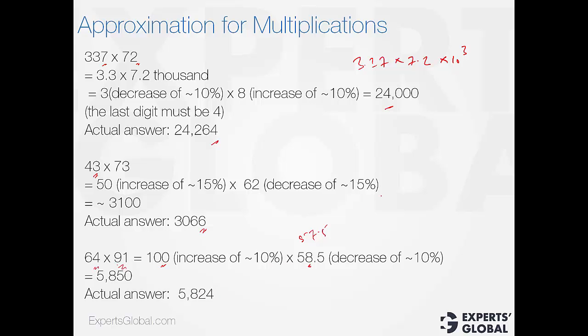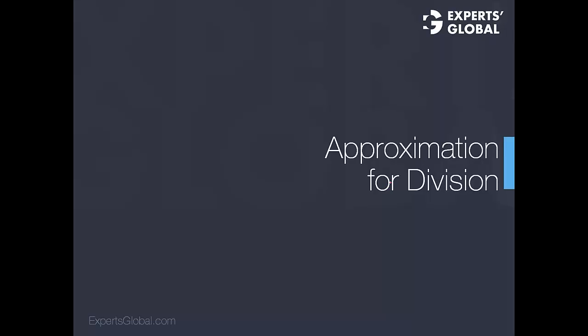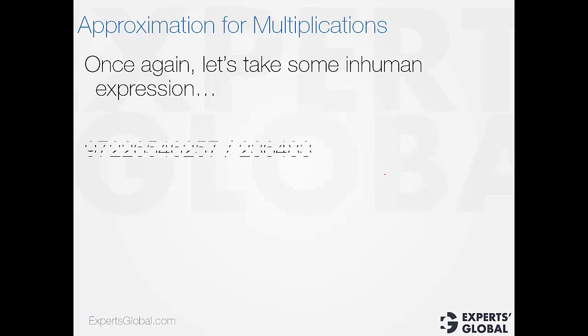And now similarly, approximation for division, a very similar approach. Take some inhuman number just to explain the concept. I say 97.22 here and 23.64 here, 10 raised to power 4, and 479.